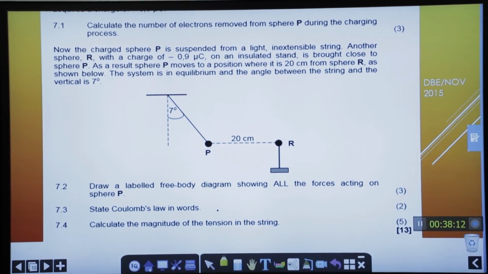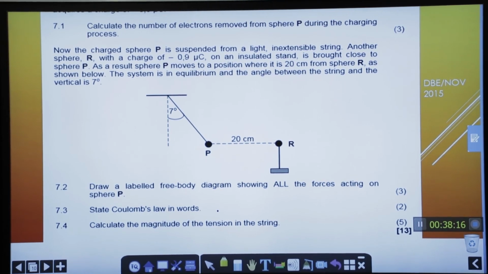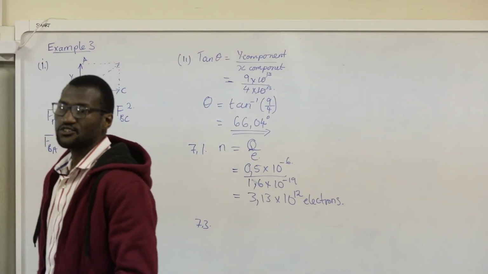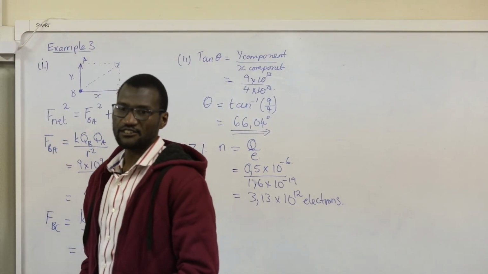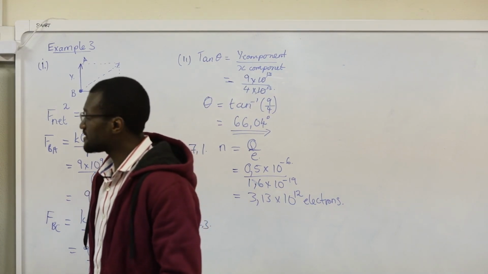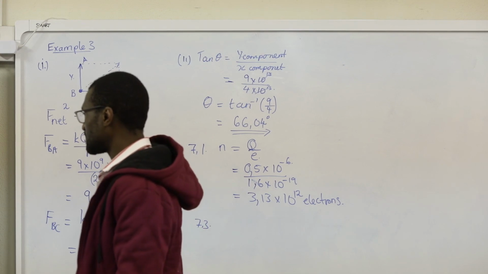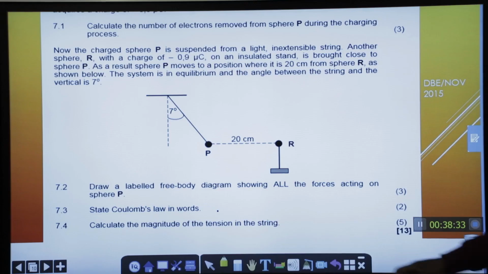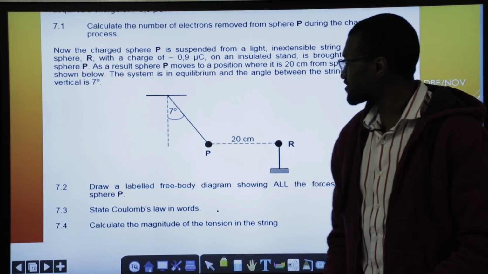That says that there is an electrostatic force that exists between two objects, and that electrostatic force is directly proportional to the product of the magnitudes of the charges and inversely proportional to the square of the distance between them. All right, what is the magnitude of the tension in the string?